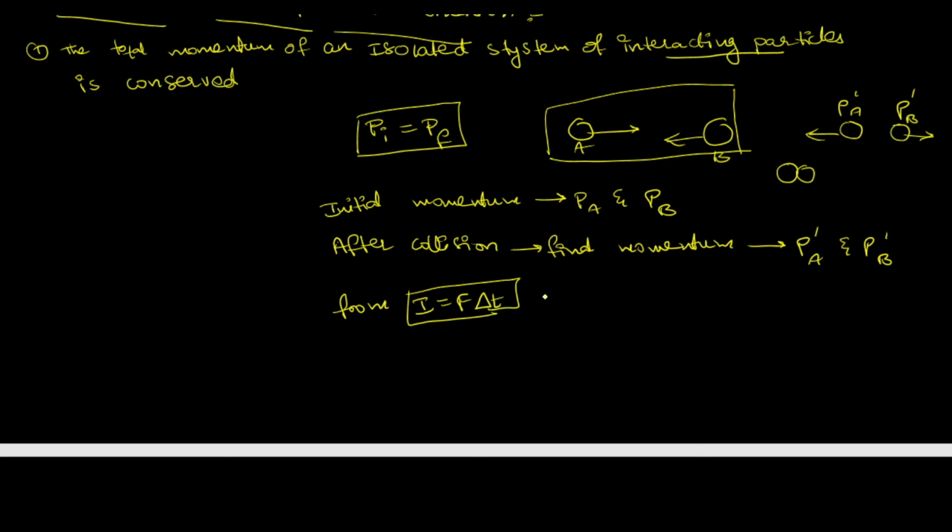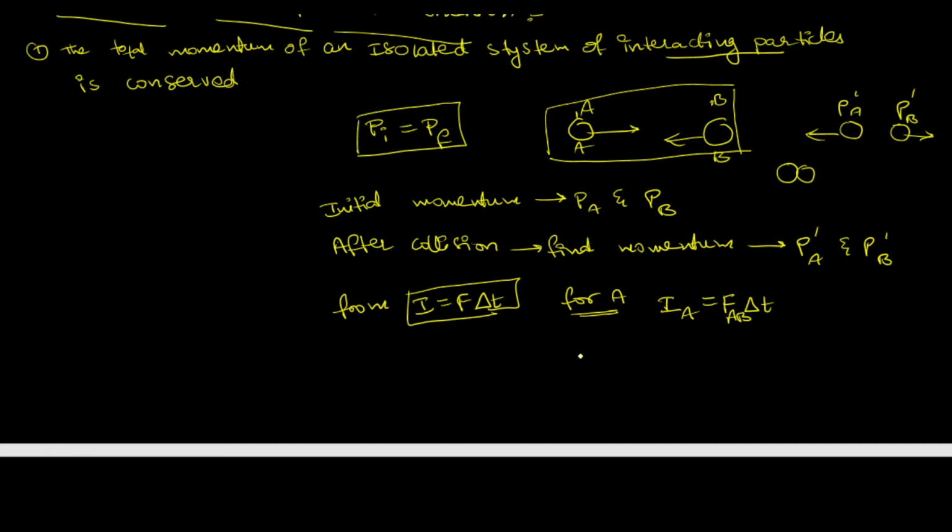Now for particle A, the impulse formula will be written as F into delta T. And see, this particle is moving from position A to position B, in the direction of A to B. Therefore, the force is taken as FAB.